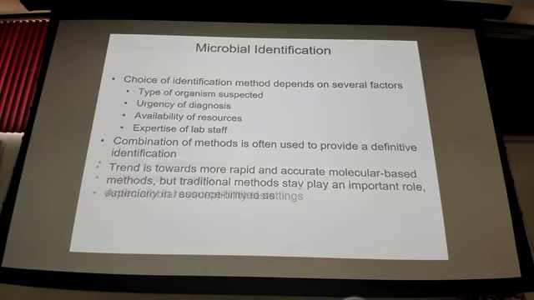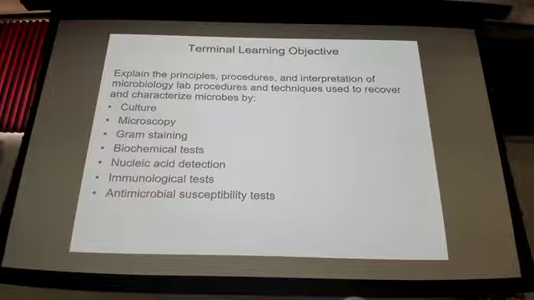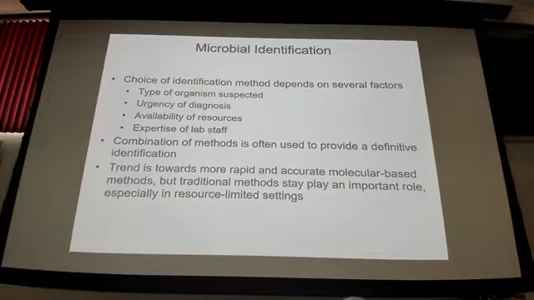Most of these are considered traditional methods of identification. However, when we're talking about PCR, which falls into the realm of nucleic acid detection, now we're starting to get towards that trend where we are able to offer more rapid results, more accurate results.